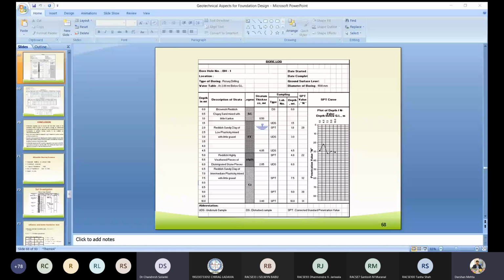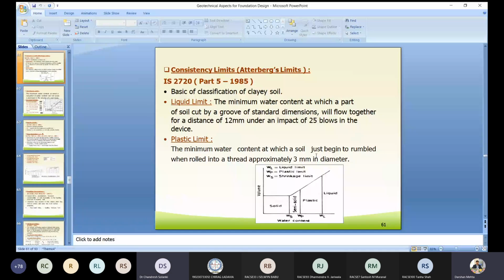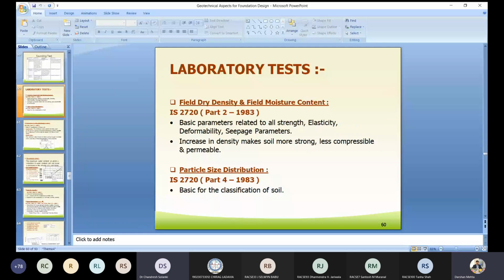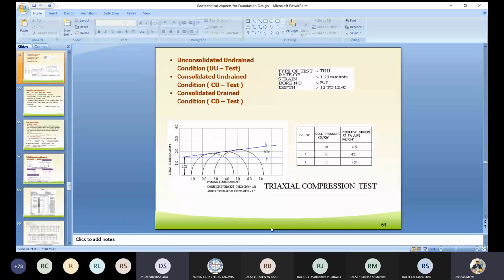Yes, sir. Before two slides. Okay, fine. These are the preliminary slides. Are they audible now? Yes, sir, perfect. Sir, just do slideshow. Okay, I'm doing it.